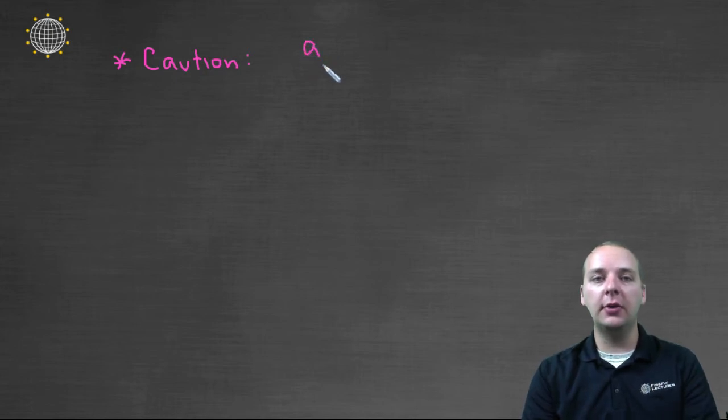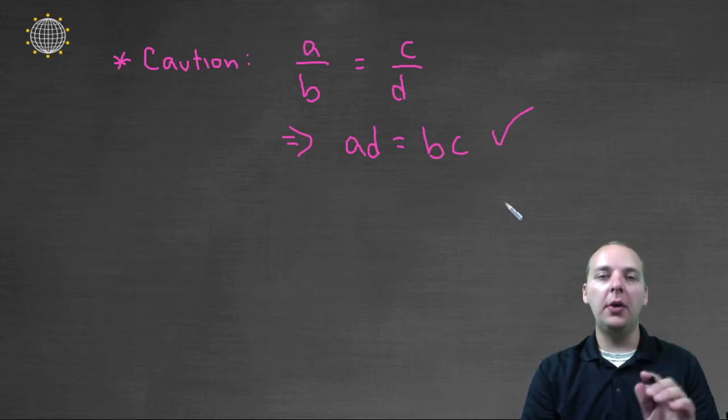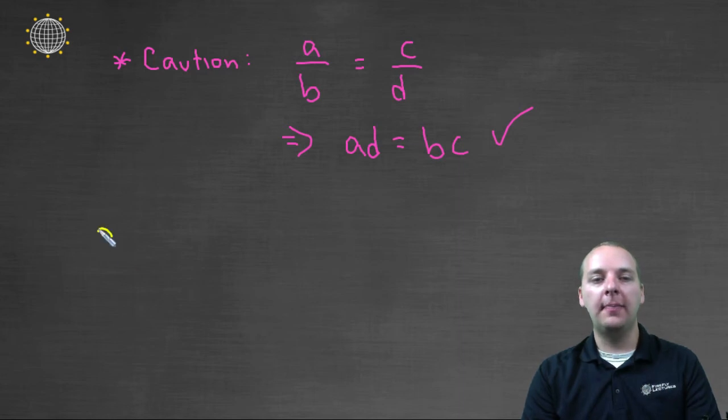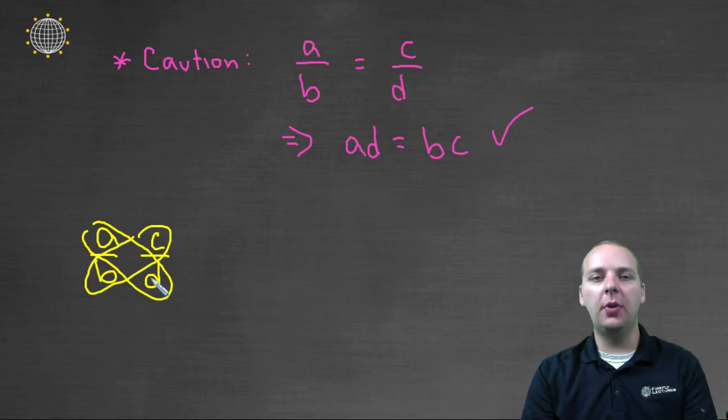Students get really good at cross multiplication. They have A over B equals C over D, and no doubt this is absolutely equivalent to A times D equals B times C. That's 100% true. But students wind up confusing that with multiplying A over B times C over D. And what students will want to do is somehow take A times D and set it equal to B times C. And that's absolutely the wrong thing to do.